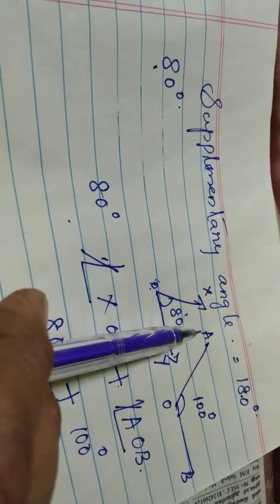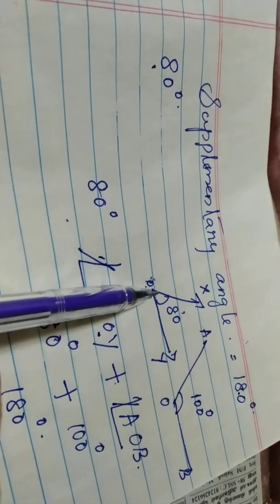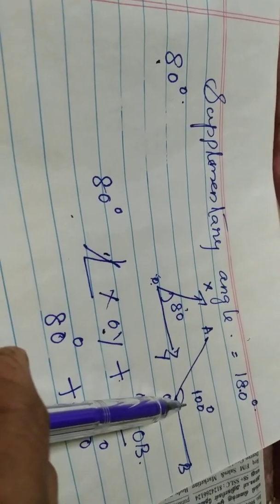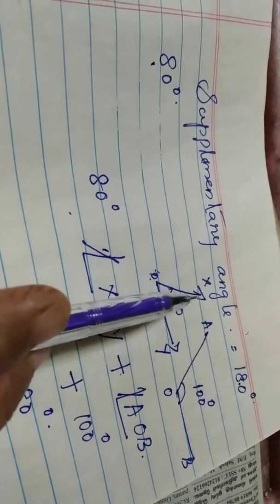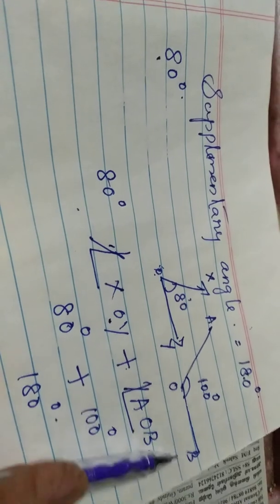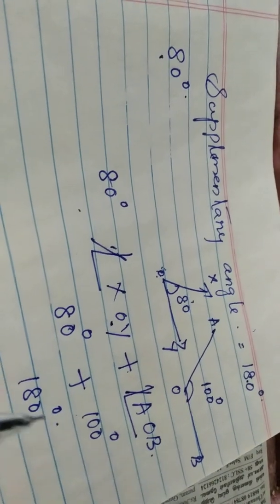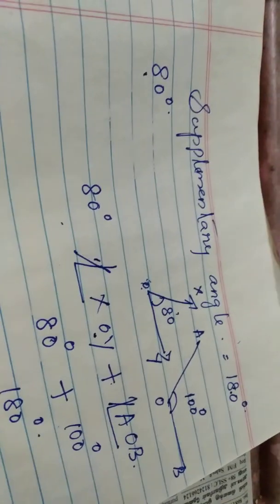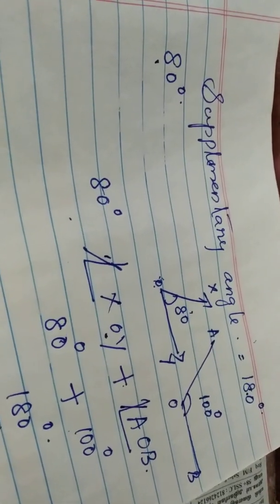The pair angle is AOB, and the total measurement is 180 degrees. The pair angle is 100 degrees. How do you get 180 degrees? Angle XOY plus angle AOB: 80 degrees plus 100 degrees. What is the measurement of that supplementary pair of angles? 180 degrees. Did you understand, children? Okay, very good.